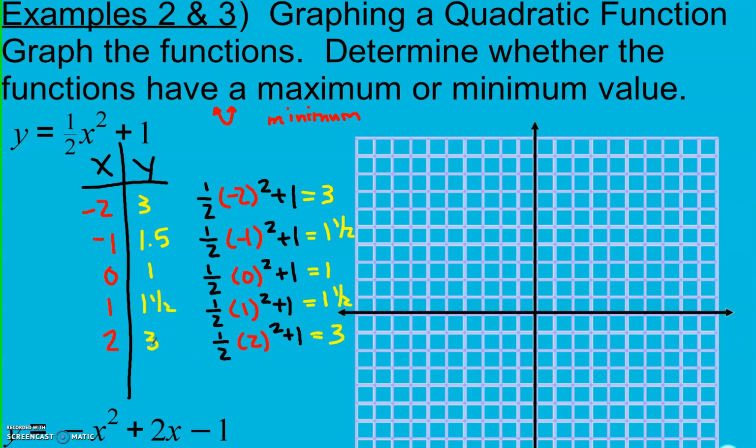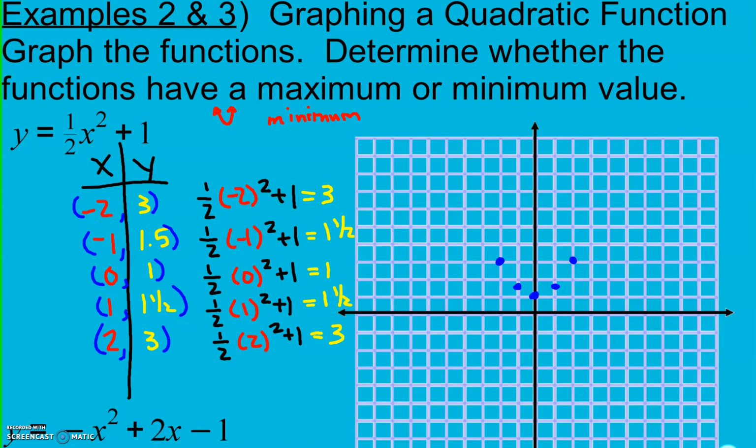Now, these are ordered pairs. We can graph these points. So at -2, 3, -1, 1.5, 0, 1, 1, 1.5, 2, 3.